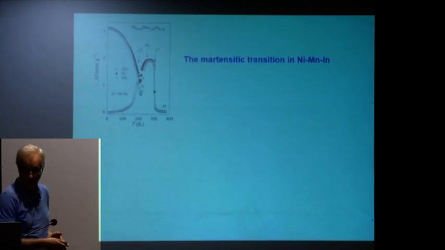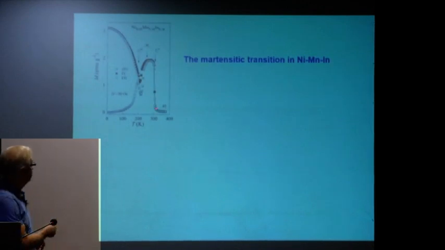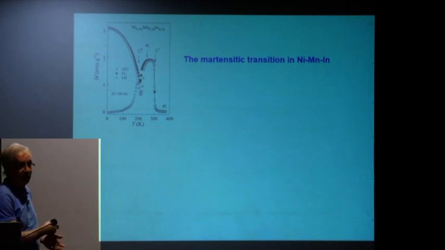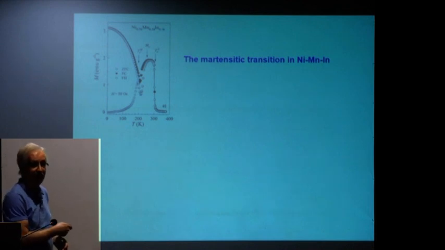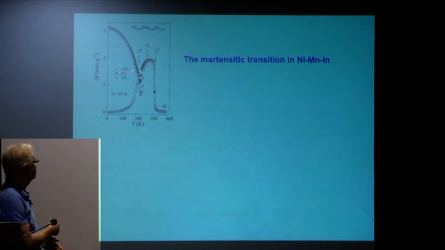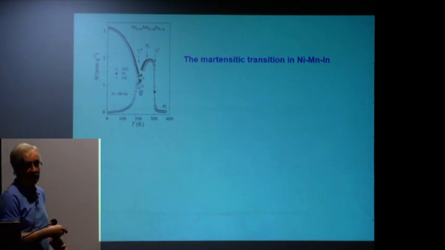Now, here we said that, okay, we had a Curie temperature. Here we have something, we've defined it as a Curie temperature, but it's not a pure ferromagnetic transition because there are all sorts of mixed interactions going on, and that's why this is very steep, like in a regular ferromagnet when you measure in a small field, and this is very smeared. It shouldn't be like that.